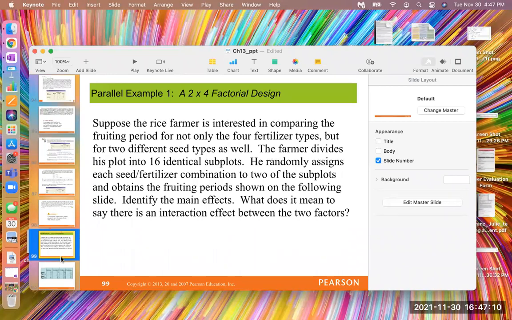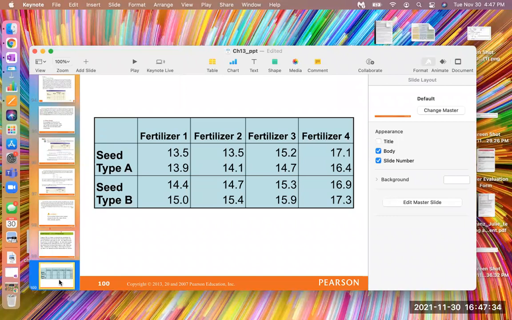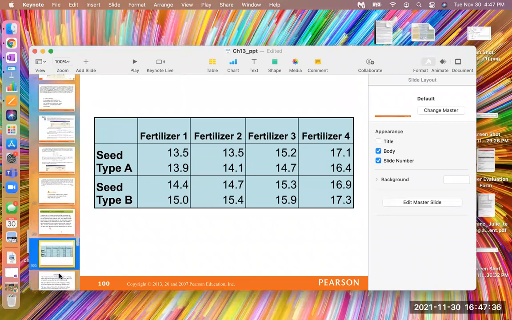The farmer divides his plot into 16 identical subplots. He randomly assigns each seed and fertilizer combination to 2 of the subplots and obtains fruiting periods shown on the following slide. Identify the main effects. What does it mean to say that there is an interaction between the 2 factors? And so here's the data.